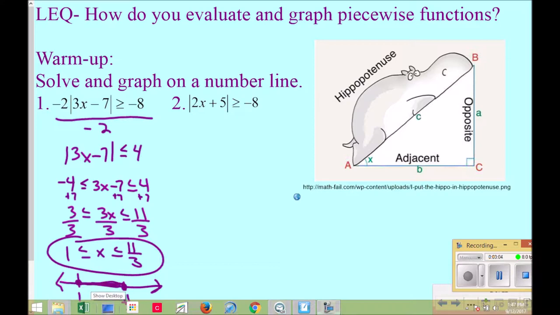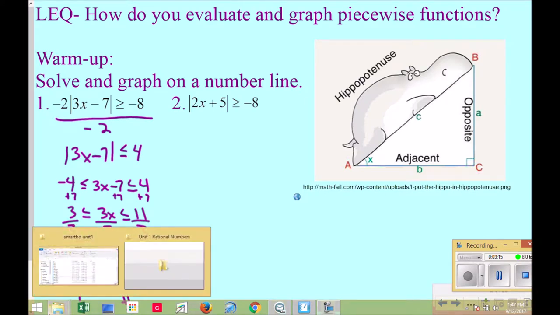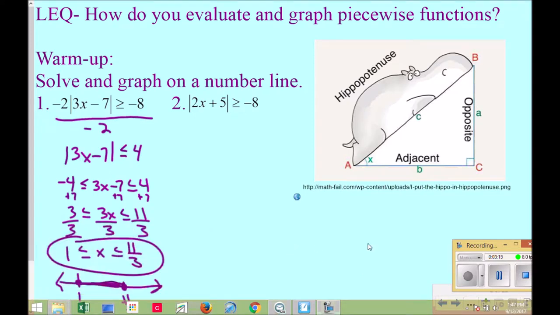So when I see an absolute value that's greater than or less than a negative, I'm not going to use the same approach that I did on the other problem in number 1. Because I'm not going to use the same approach, this is more of just thinking through the problem.